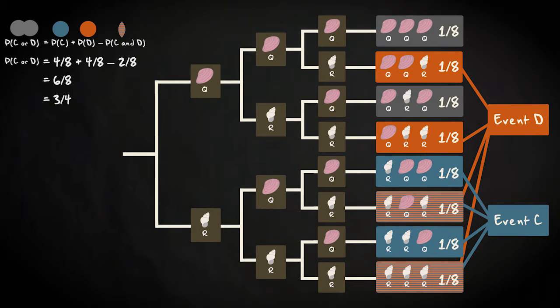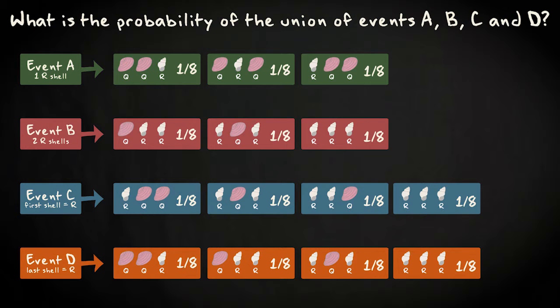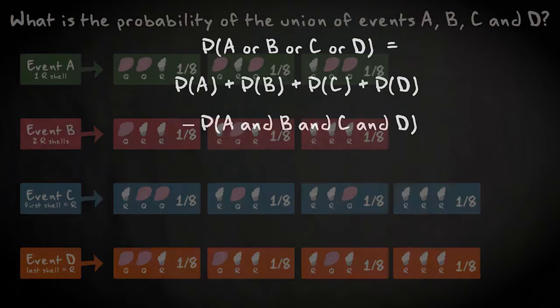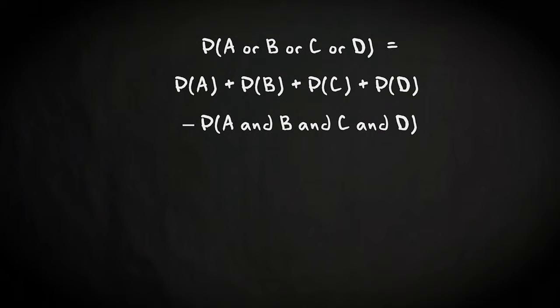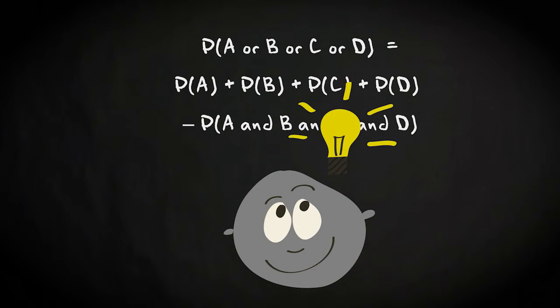At this point, I have a question for you. Could you tell the probability of the union of events A, B, C and D? If you apply the equation for union mechanically, it gets a little bit tedious as it requires a number of additions and subtractions. But since there are not that many elementary events in the total sample space, there's a simpler approach.